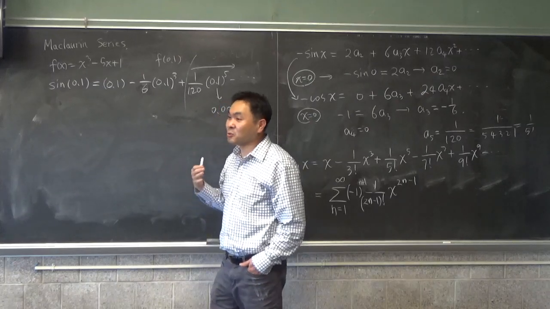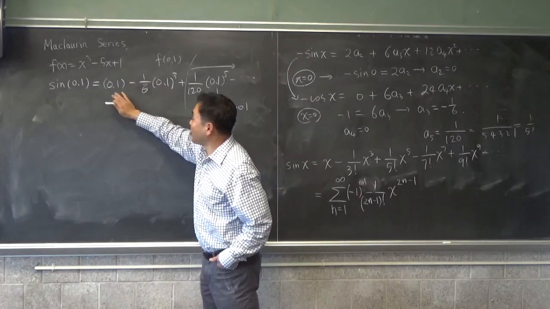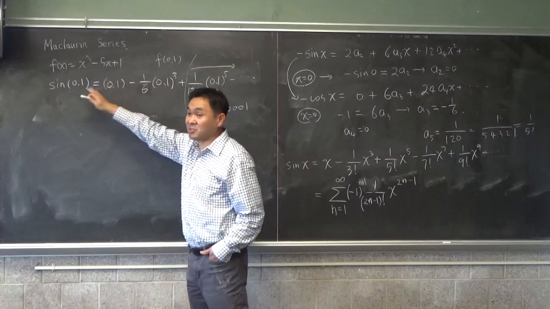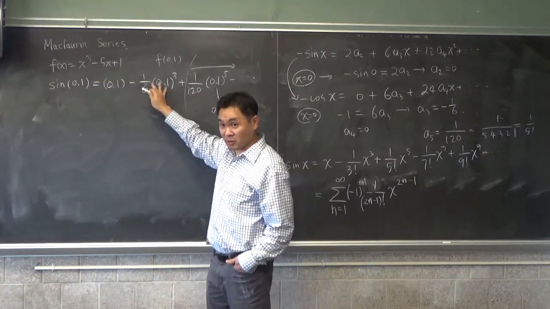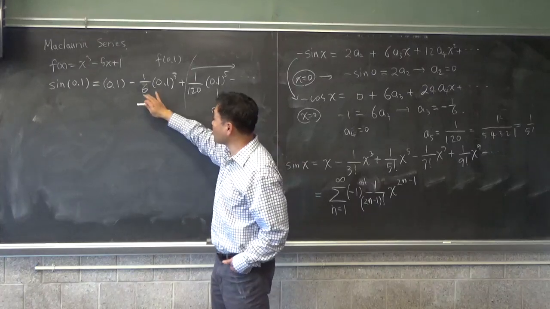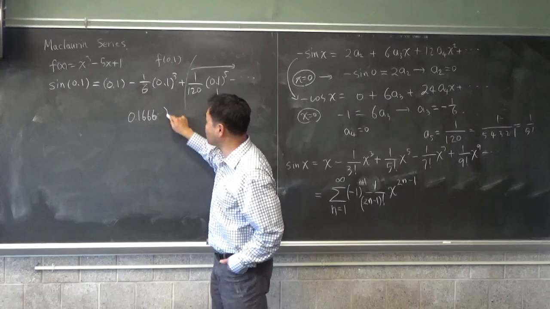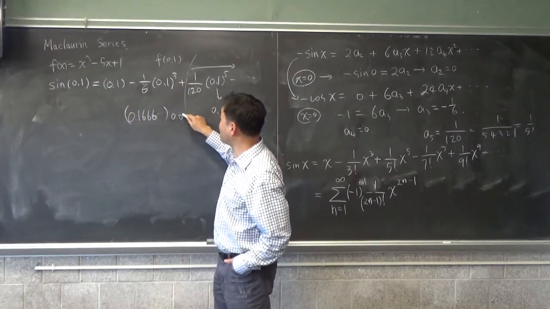And by the way, in the graph that we saw, x minus 1 over 6 x cubed was virtually identical to sine x near 0. So if you're close to 0, this is a very good approximation. Okay, 1 over 6 is 0.1666 and so on, times 0.1 cubed would be 0.001.